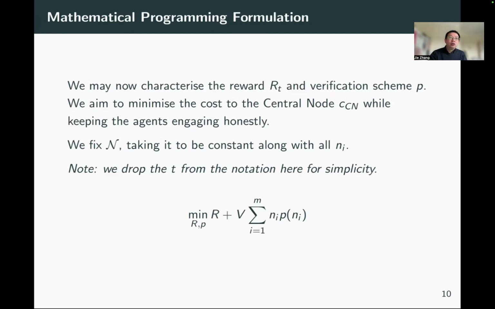And we are also going to drop the T from the notation because we are going to consider each individual round of training to be its own. We are not going to worry about a history of behavior. We are just going to assume each agent is equal each round and treat them as such.